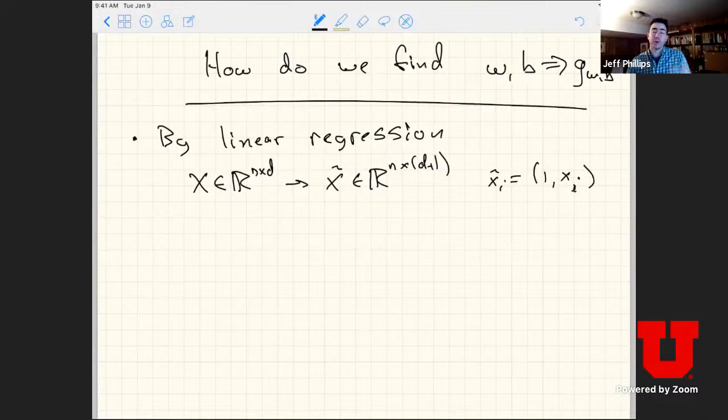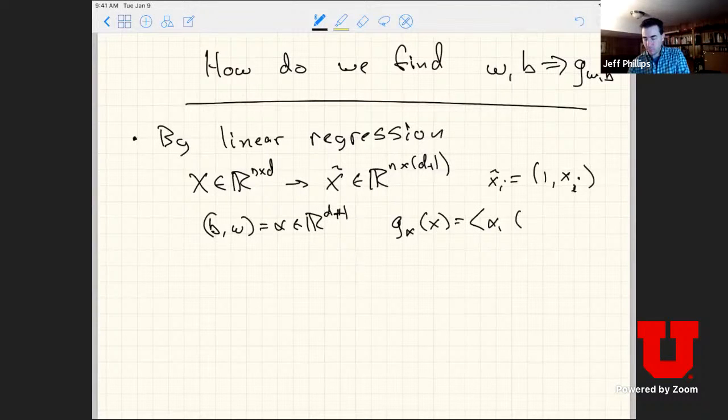So I've added a column that allows me to learn the offset using this alpha trick. Then (b, w) is equal to alpha in R^(d+1), and my model is g_alpha(x) equals alpha transpose x tilde. This is the formulation we've seen before.